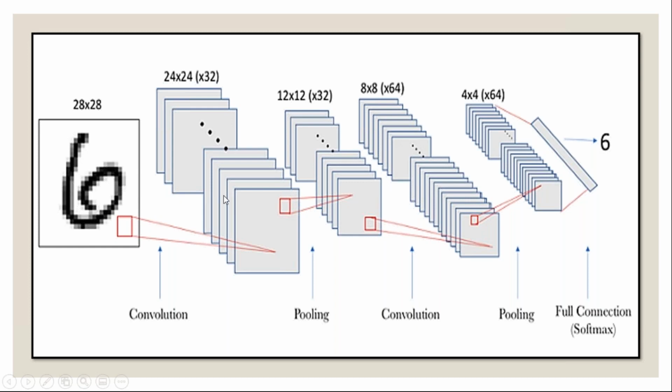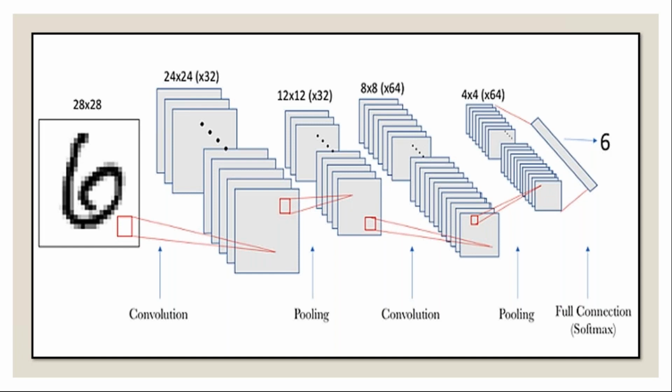Next. In my task, I'm going to apply another hidden layer. So what is the size of the second one? This 12 cross 12 into 32, you apply and get 8 cross 8, 8 cross 8 for one filter. But in the second hidden layer, I have 64 filters. As I told earlier, in the first hidden layer you use 32 filters; in the second hidden layer, I'm going to use 64 filters.